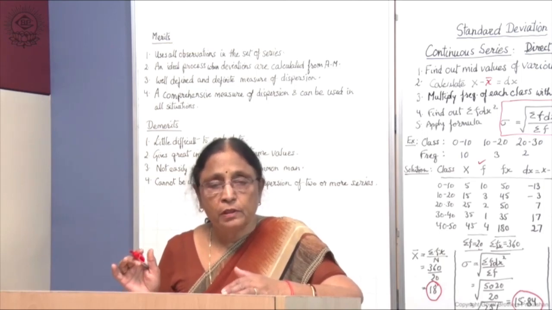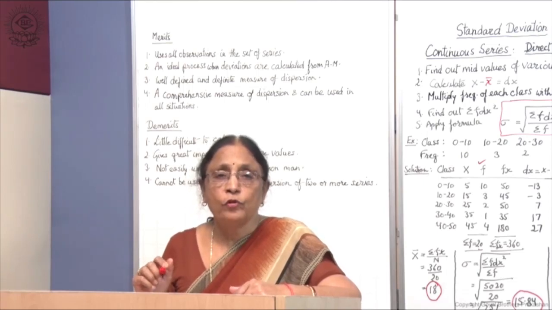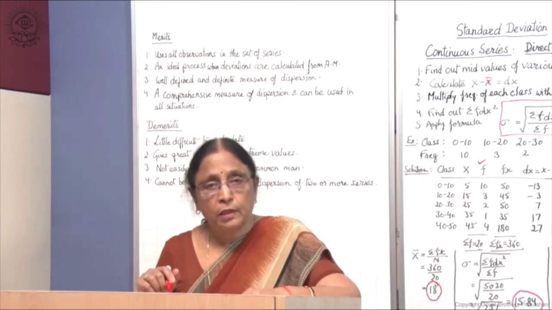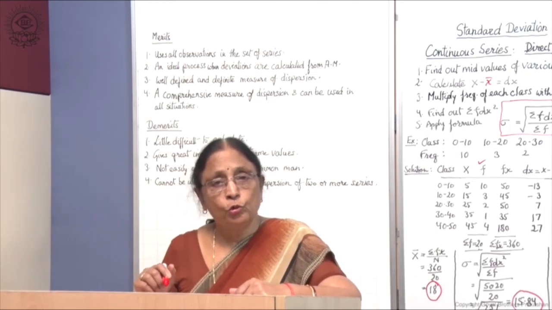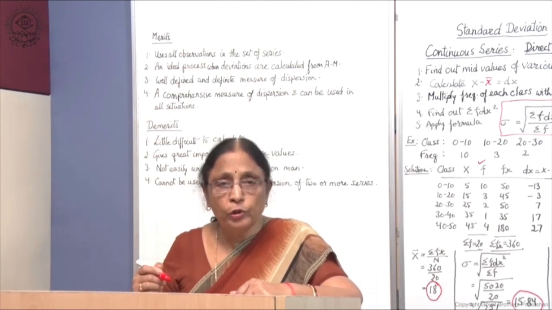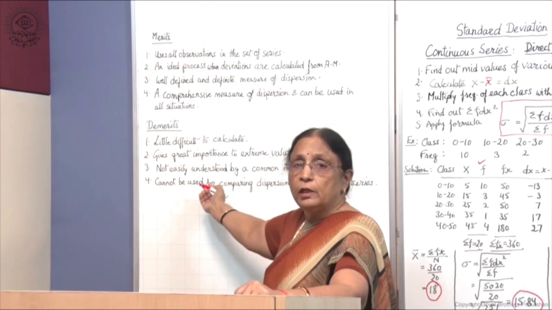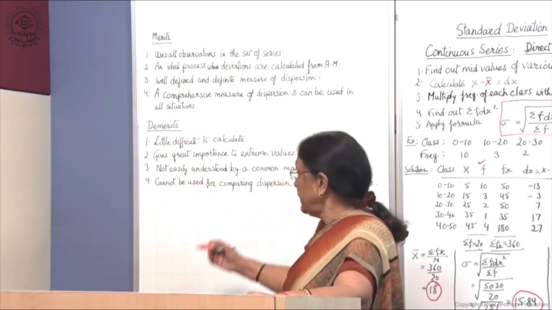You are not a common person. So it is difficult for a common man who does not have knowledge of statistics, right. But if you have knowledge of statistics, you know the methods and steps to be followed, then it won't be a difficult measure of dispersion, right.